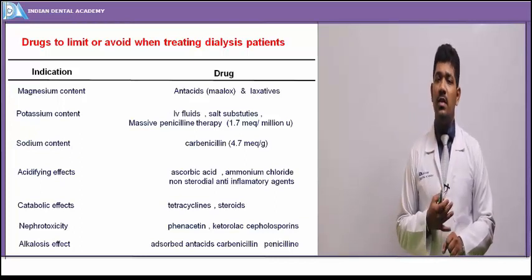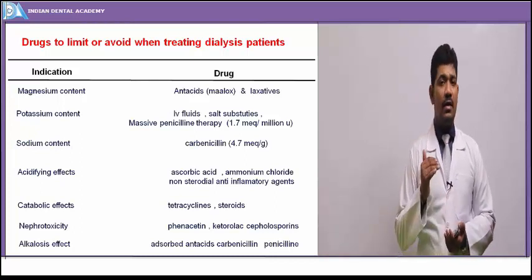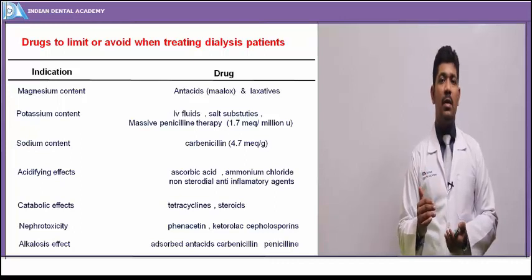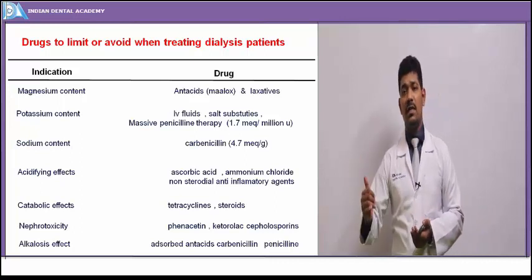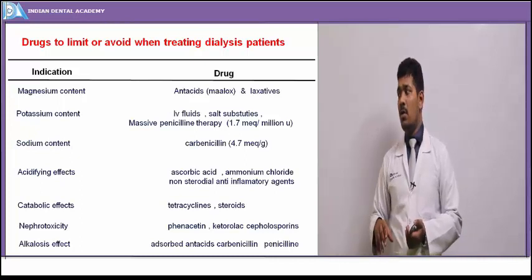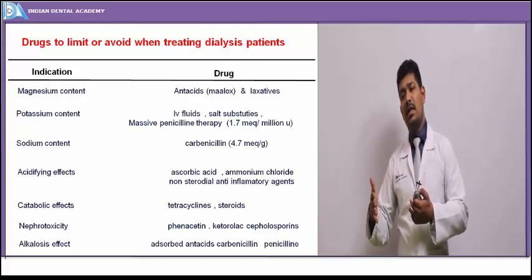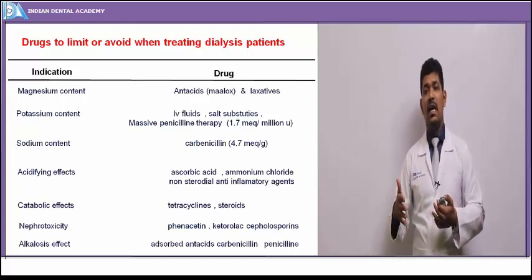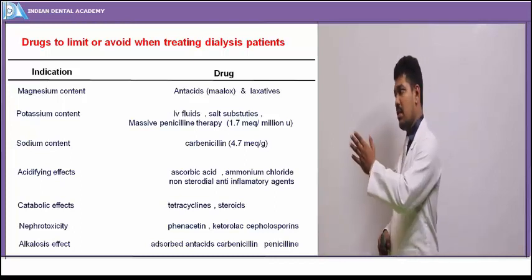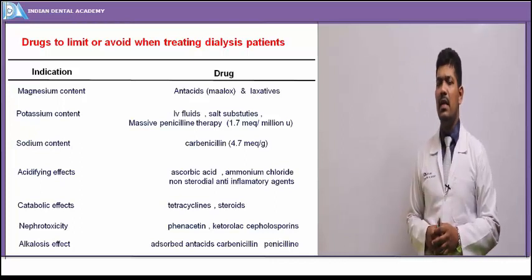Since the renal system is not working properly, the excretory system is hampered, and the medications you give can, instead of curing the patient, produce more severe side effects, resulting in drug toxicity. So there are many medications commonly given in the dental department which have to be avoided for CRF patients. Listed here are a few of them, such as antacids, the most commonly given medications.